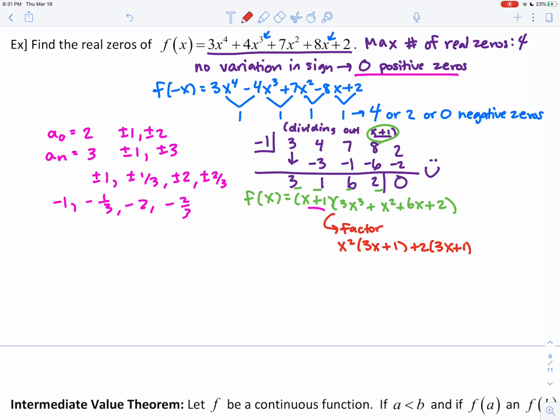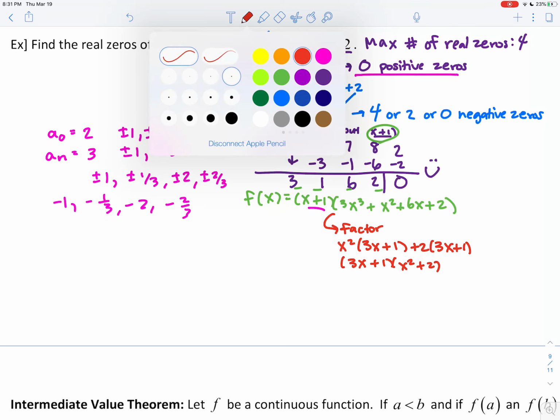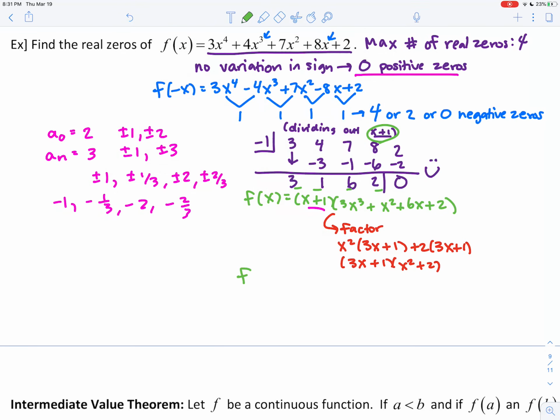If I didn't, I would try a different strategy, but I can now factor out that binomial, and I have 3x plus 1 times x squared plus 2. So let's rewrite the entire function again with all the factors we found. f of x equals x plus 1 times 3x plus 1 times x squared plus 2.